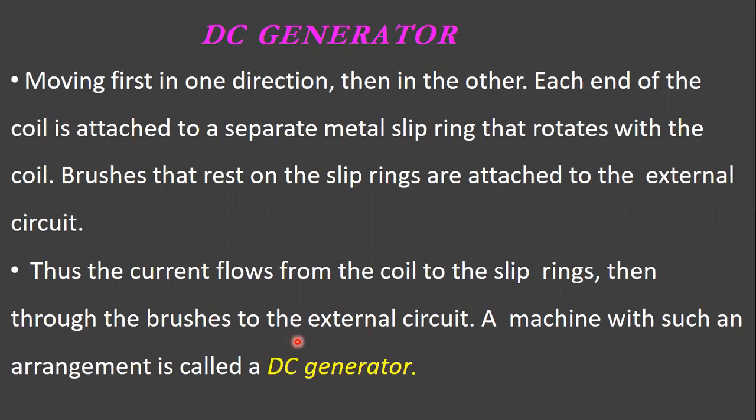The machine with this type of arrangement is called the DC generator. The coil moves first in one direction, then in the other, and each end of the coil is attached to a separate metal slip ring that rotates with the coil.